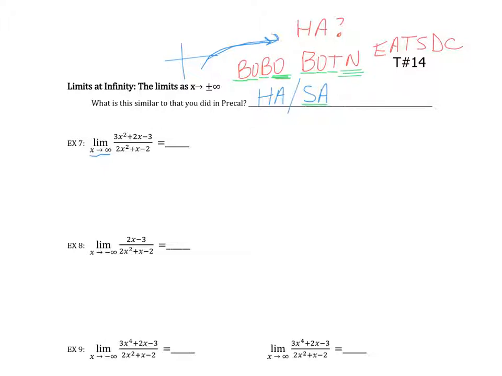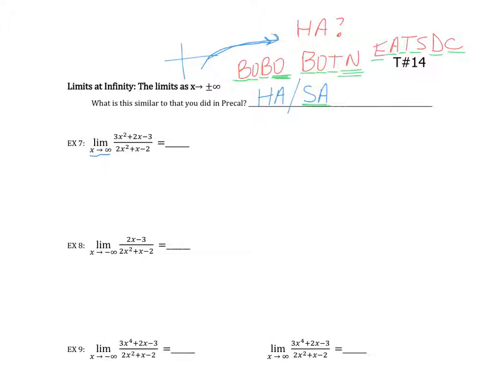That's when it had a potential slant asymptote. The ends would be going to infinity or negative infinity. And then each DC stood for exponents are the same, then divide the coefficients. So if you had the same powers on top and bottom, highest powers, you divided the coefficients in front of them.